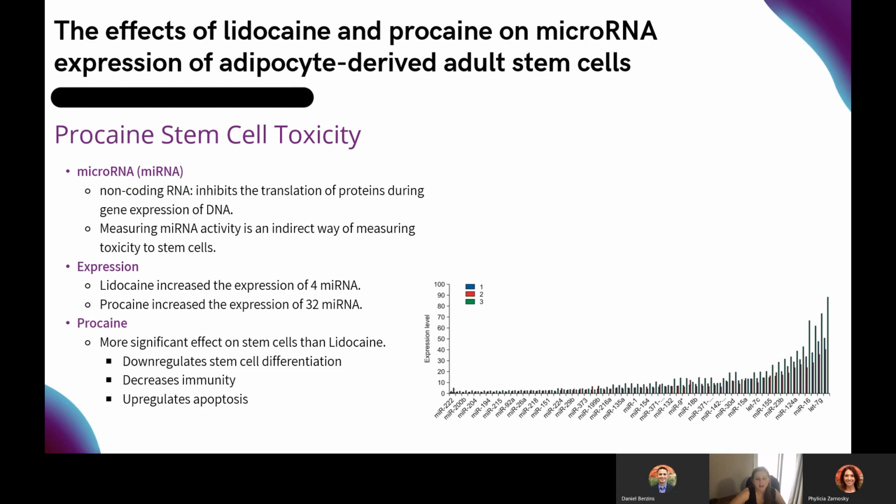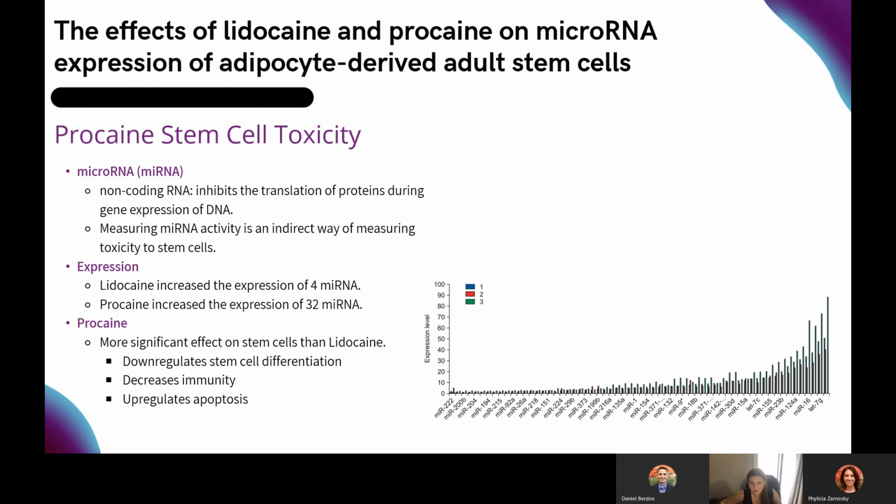MicroRNA is non-coding RNA that inhibits the translation of proteins during gene expression of DNA. Measuring microRNA activity is an indirect way of measuring toxicity to stem cells. In the graph here, blue represents saline, red represents lidocaine, and green represents procaine. The x-axis represents all of the microRNA being tested, and the y-axis represents the level of expression of microRNA.